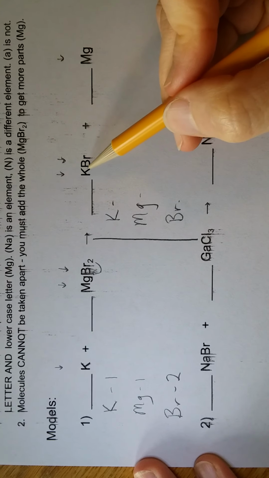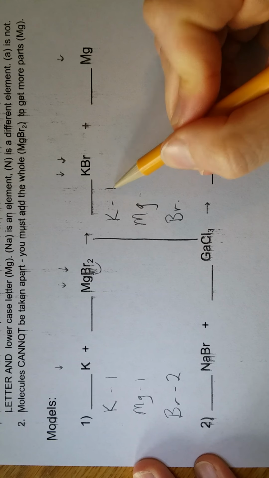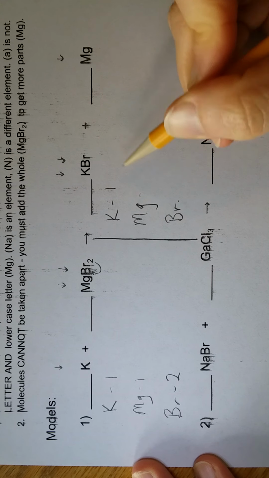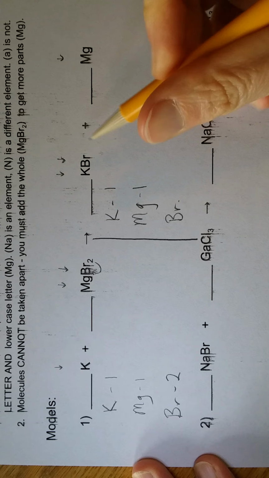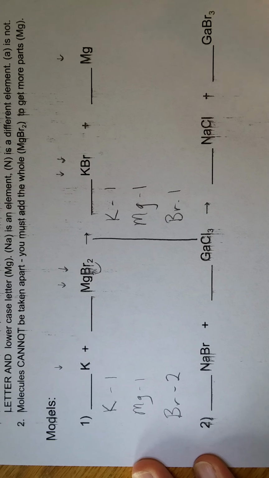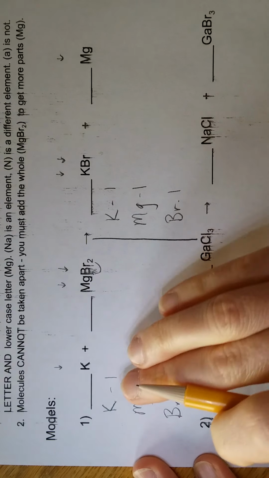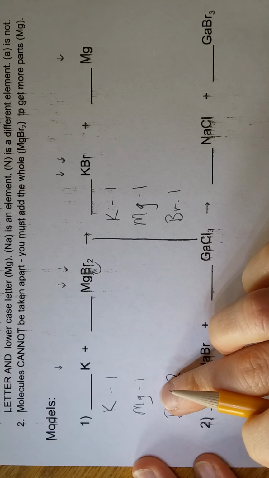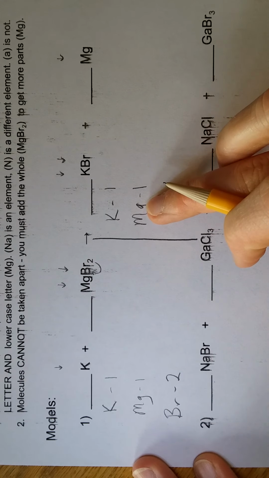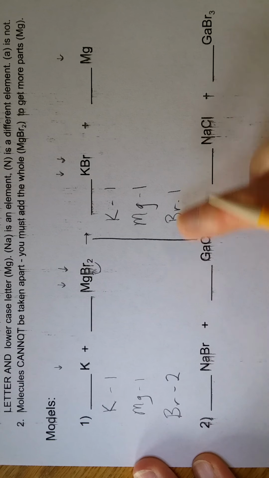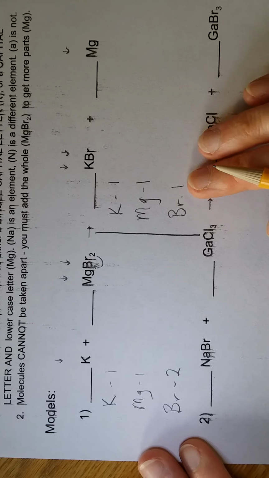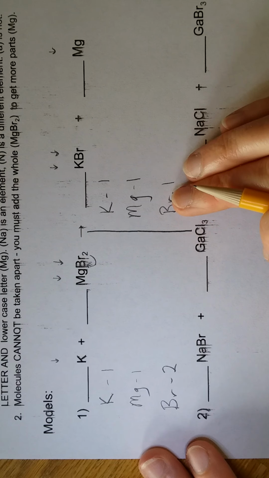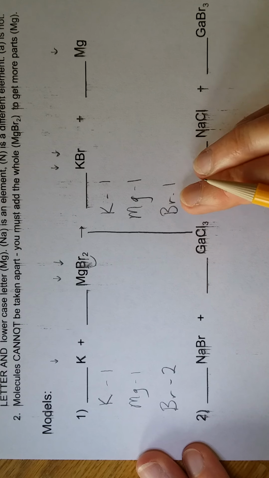On this side, we have one atom of potassium, one atom of magnesium, and one atom of bromine. So we have one potassium to start with and one at the end, one magnesium to start with, one at the end, two bromine to start with, and only one at the end. So this cannot be, because this bromine can't just disappear, and we need to account for where it went.